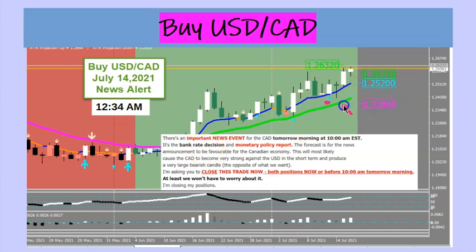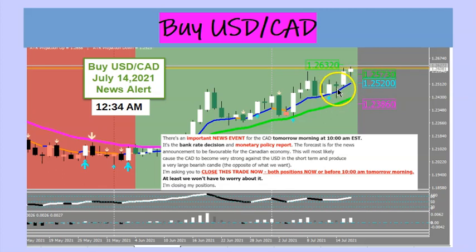Based on that news, price originally, let me just take that off, price, you can see right here, originally went down all the way, but then came all the way back up. So in effect, I was worried that price would stay down, and that didn't happen. And then I sent out another news alert.